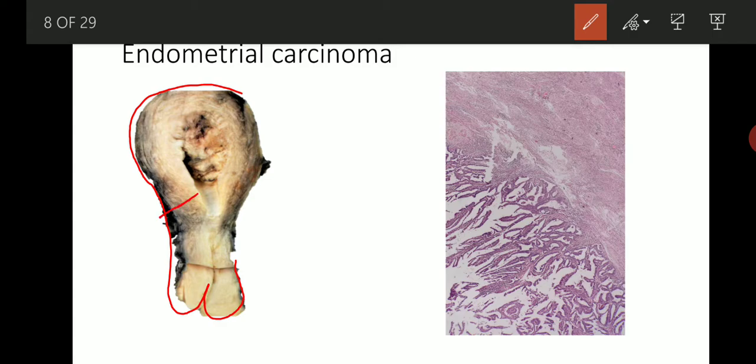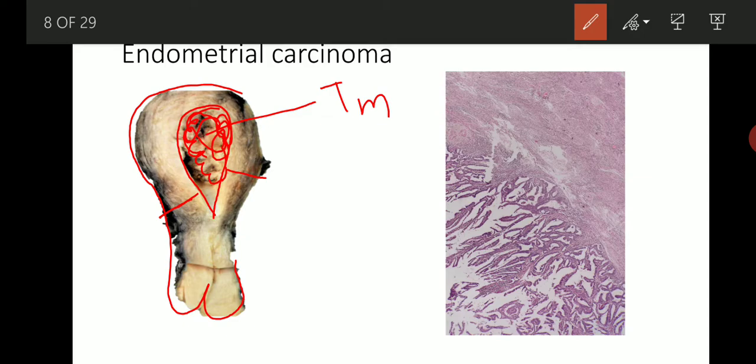This is the myometrium here. This is the endometrial cavity. But the endometrial cavity is not empty. You see, there is a big growth or a tumor in the endometrial cavity, totally filling it up.